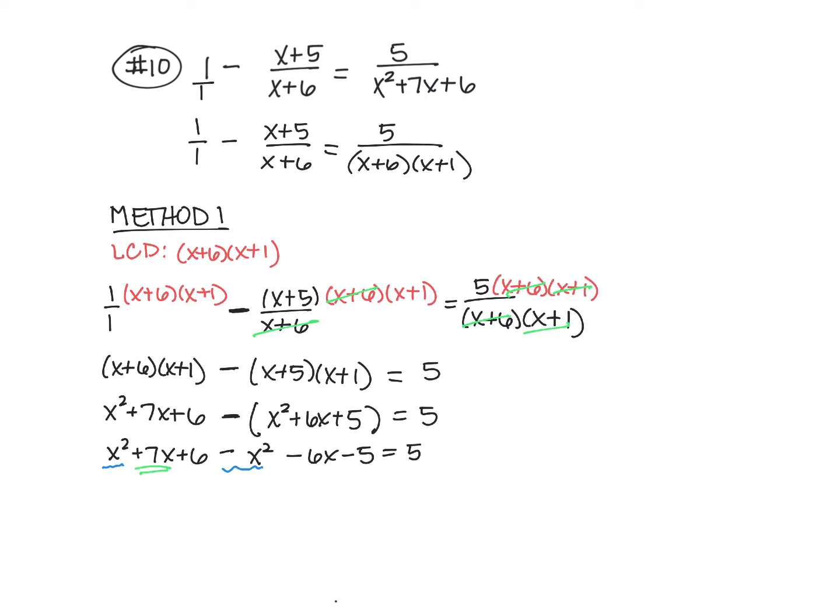I have a positive 7x and a negative 6x, which is going to leave me with 1x. And then I have a positive 6 and a negative 5, which is plus 1, equals 5. Then I'm going to subtract my 1, and we get x equals 4. And x equals 4 works because it does not make any of my denominators 0.